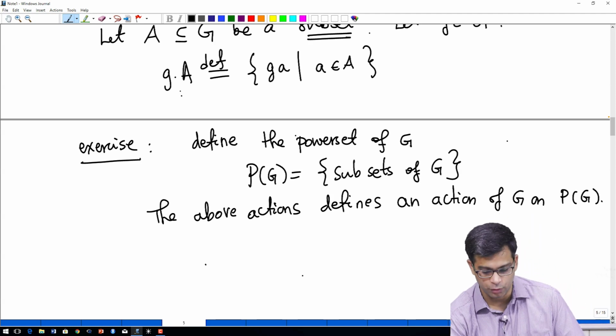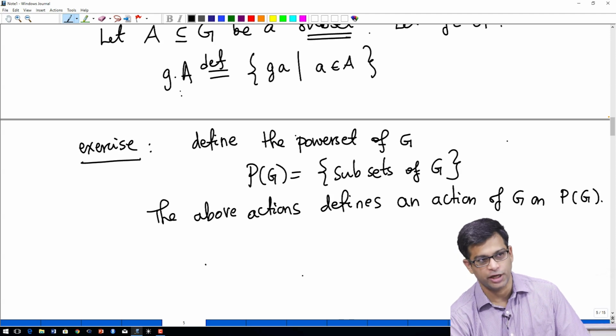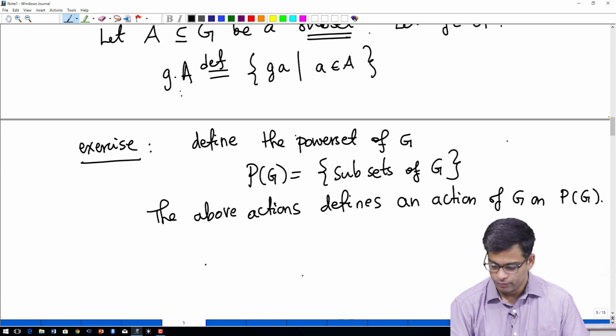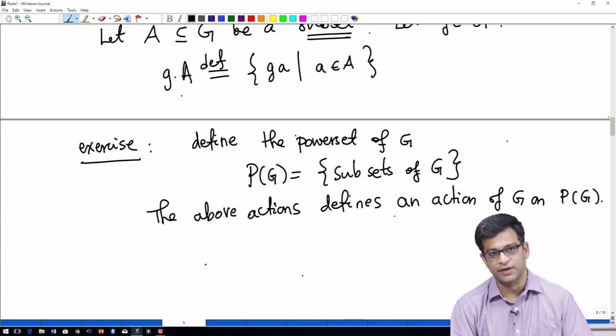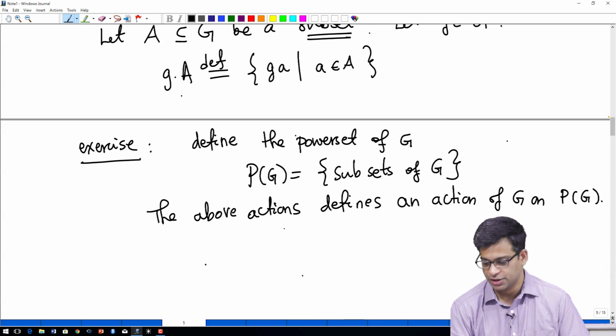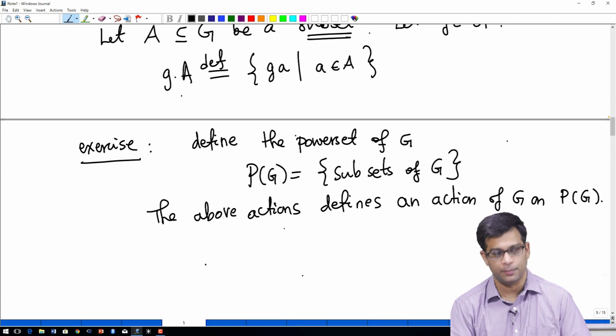I have defined g·A to be g a as small a varies in capital A. Now you can define this for any subset. So, I claim that it is an action of G on this new set, namely the power set.